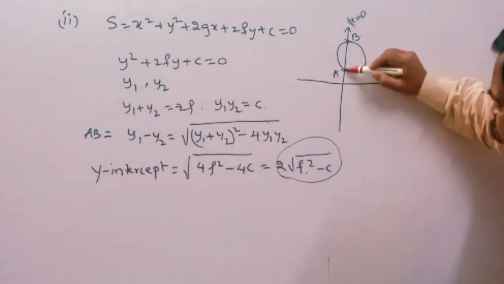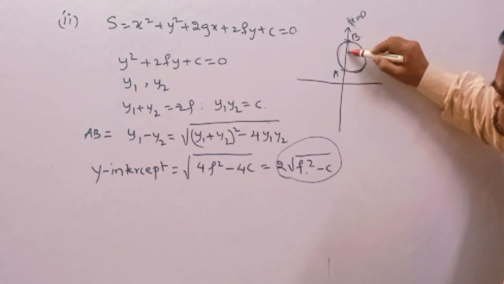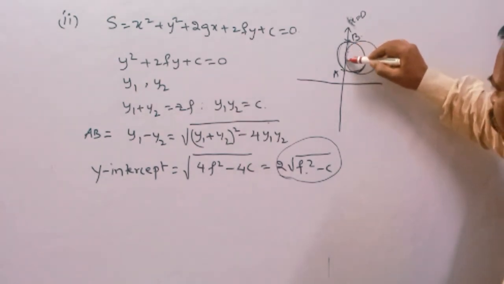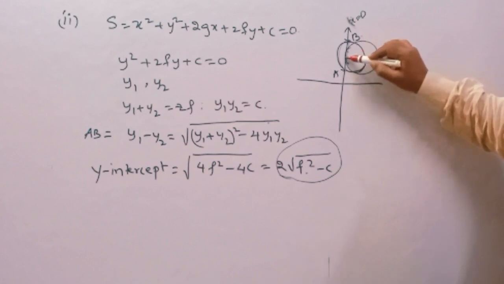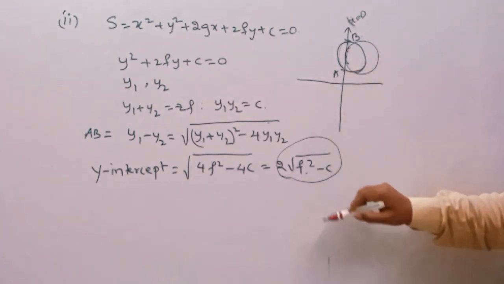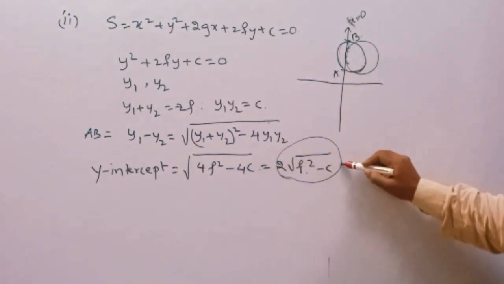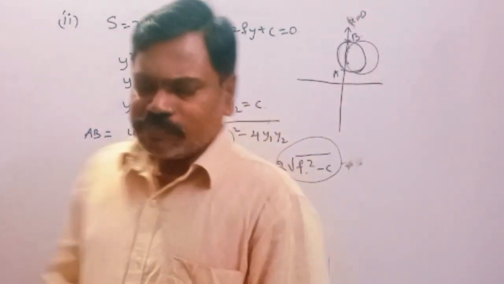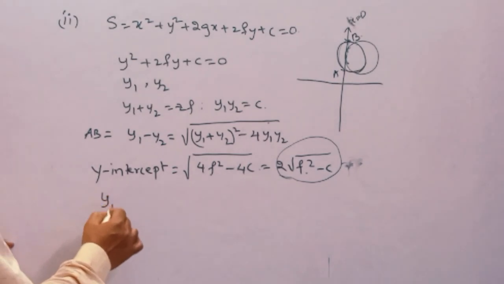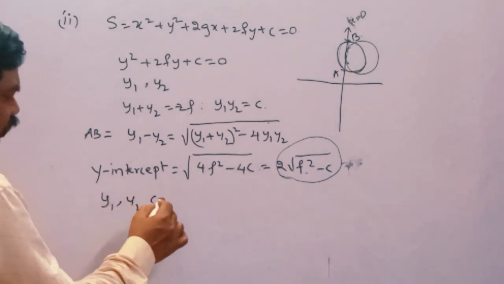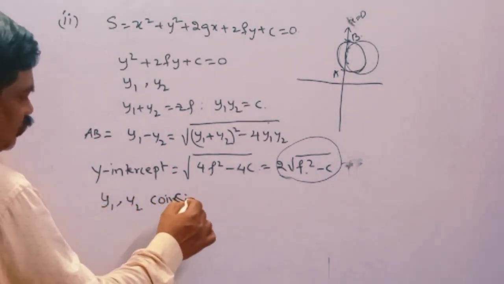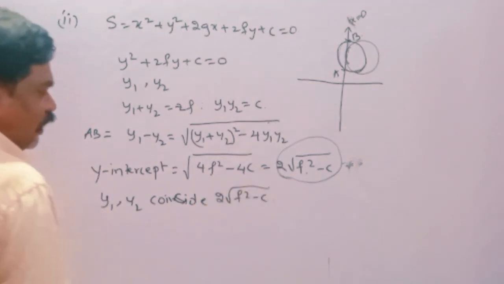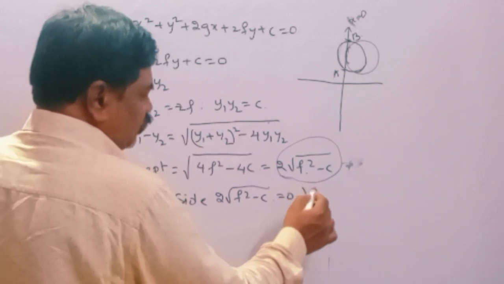If these two meet, then what will be, this is the circle equation. The circle touches the y-axis, so the y-intercept is equal to 0. If y1 meets y2, y1 and y2 coincide, that is 2 into root over f square minus c equal to 0.